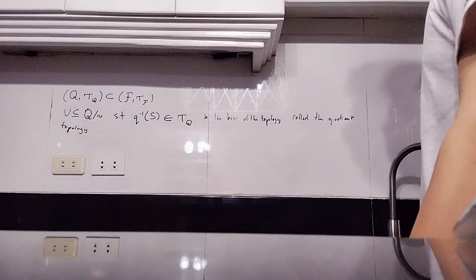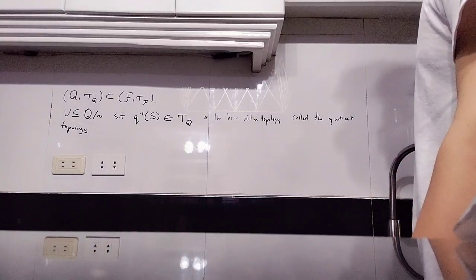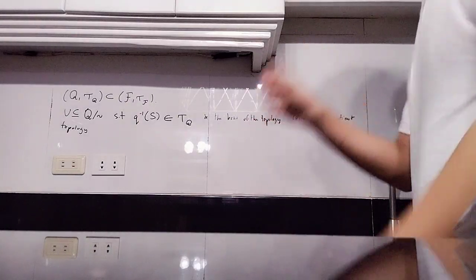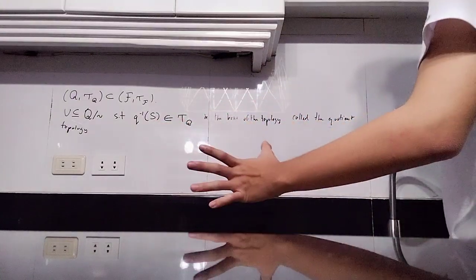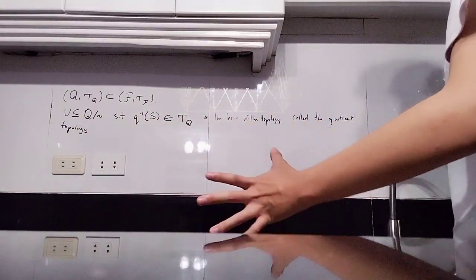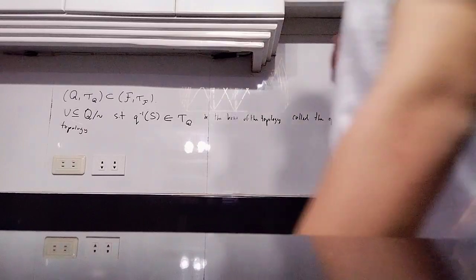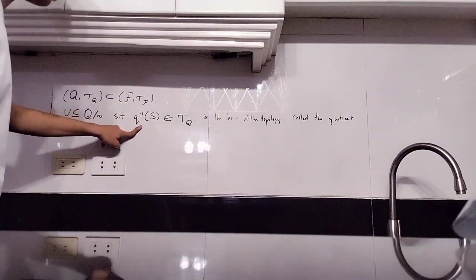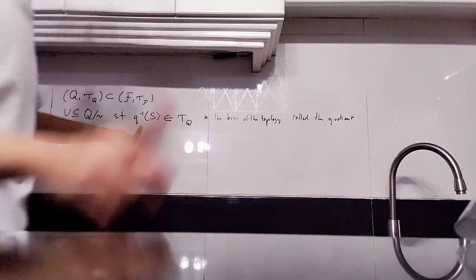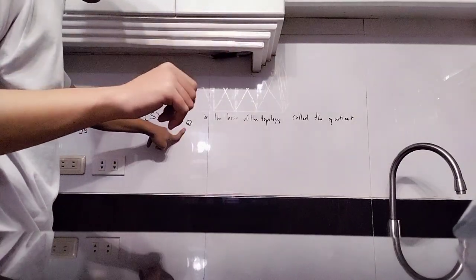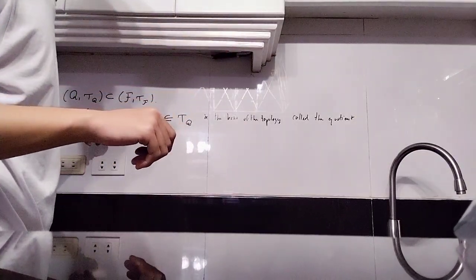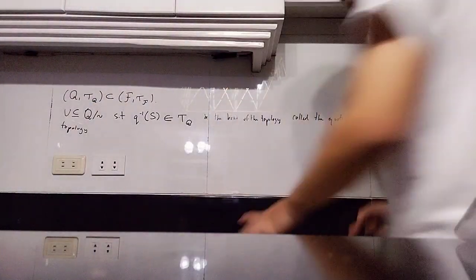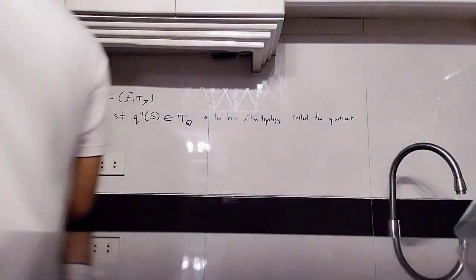And then what I'm doing is taking a collection of those, a set or class of femboys, and they correspond to a femboy, which is q to the minus 1. And if that q to the minus 1 is inside PQ, then this family of U is the basis for the topology called the quotient topology.